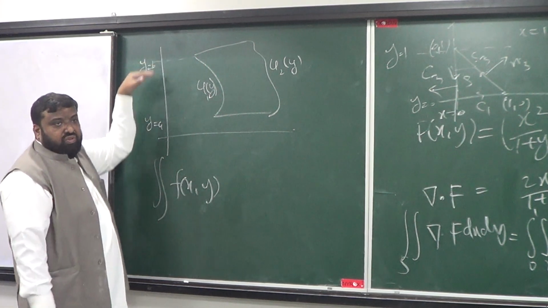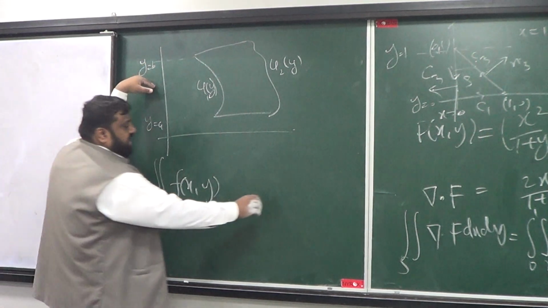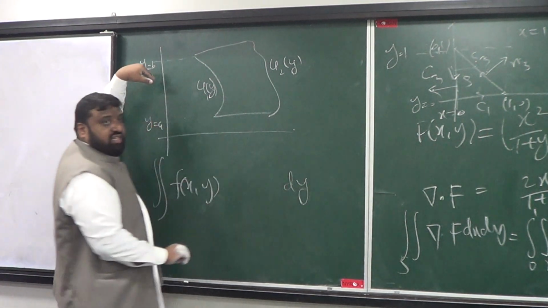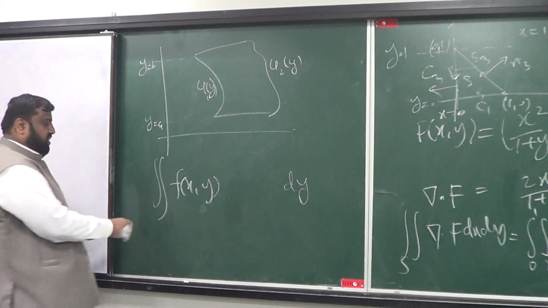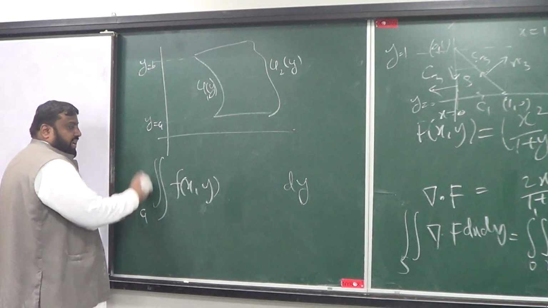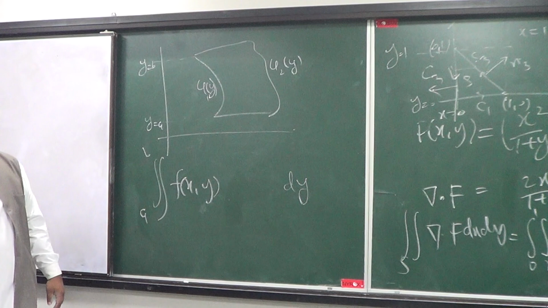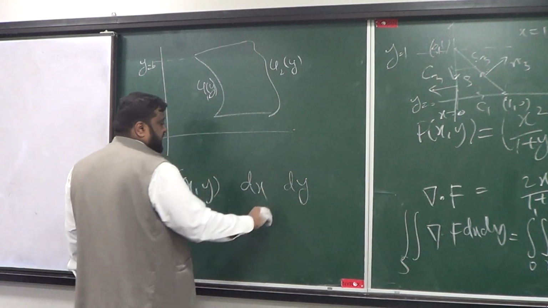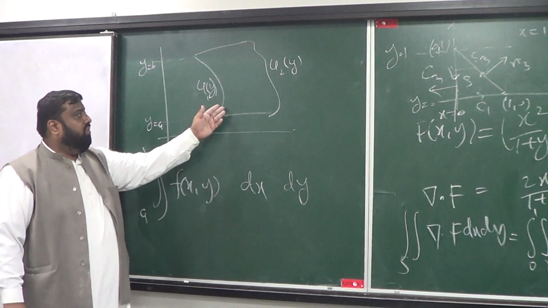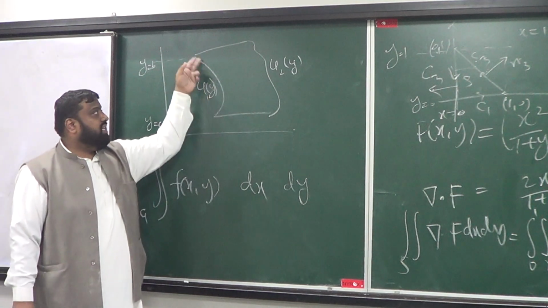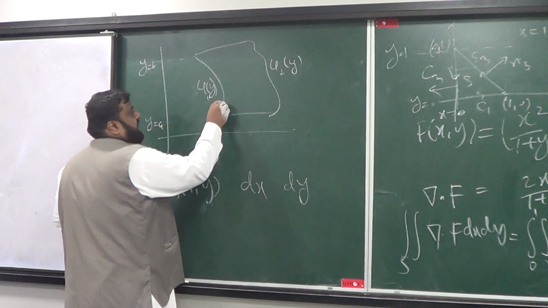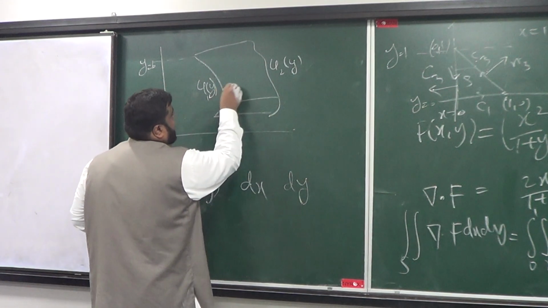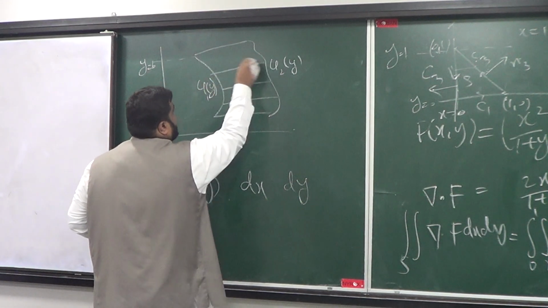Wherever you have constant limits, you integrate that second, because I know that on y I have this a to b. And with respect to x, I know that x always goes within this region from this curve, always starting from this curve and ending at this curve.